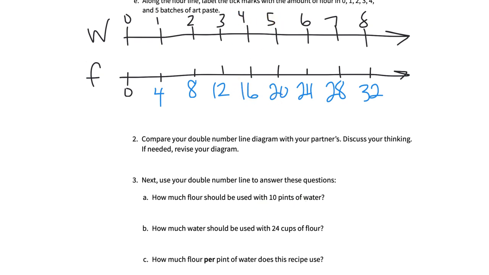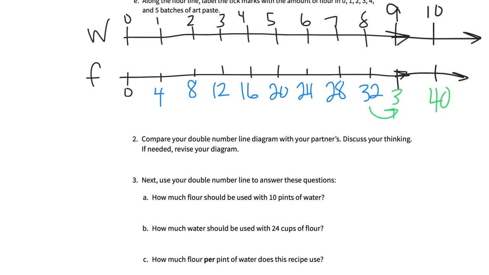So if we want 10, there's 9, there's 10, we automatically know, just multiply by 4, and that's going to give us 40. So we know it's 40, but we can kind of continue and say, well, add by 4, that gives us 36.